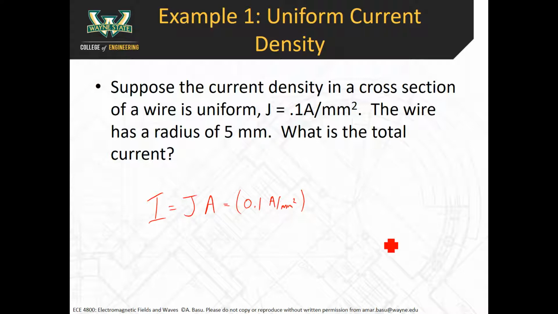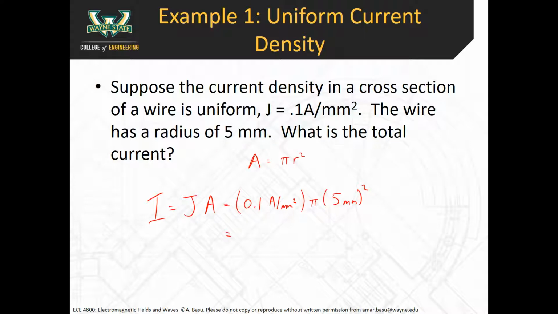So the area is going to be equal to pi r squared. So it's pi times 5 millimeters squared. Be careful about the units when you're doing these types of problems.